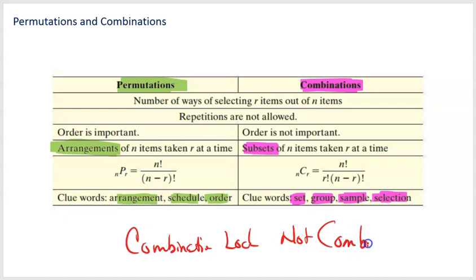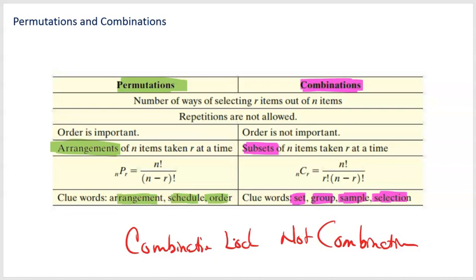Now, why am I asking you to think about it that way? Because that'll remind you that for a combination, order does not matter. For a combination lock, order matters, right? So it actually makes a combination lock a permutation and not a combination. And maybe that'll confuse you. I hope not. I'm hoping it'll help you remember which one is which.